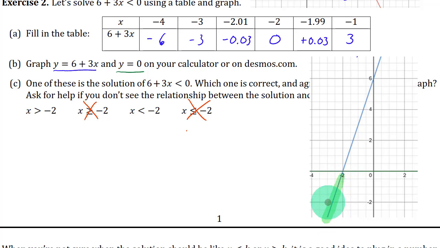At these points is where y is less than 0. And what are the x values? That's what we're trying to find, the x values that make that true. So that's going to be x is not actually equal to -2.